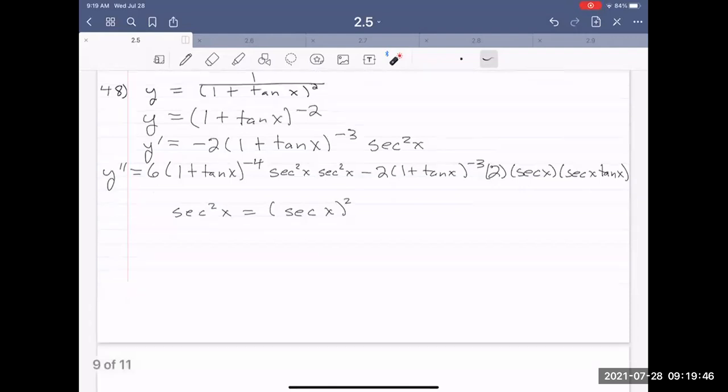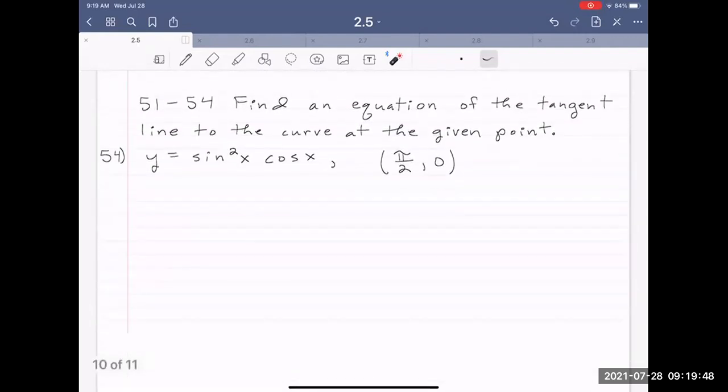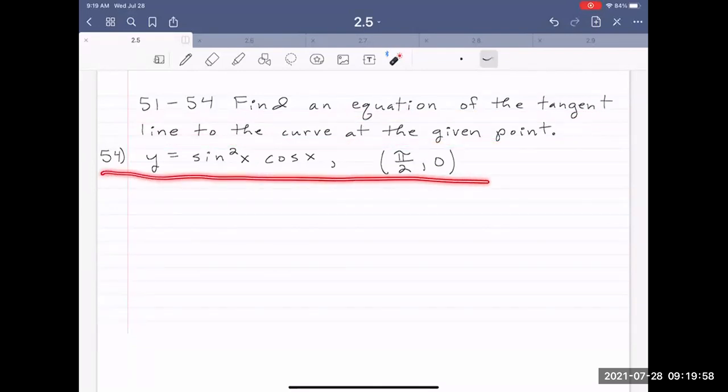Let me do problems 51 through 54. Find an equation of the tangent line to the curve at the given point. Problem 54. y equals sine squared x cosine x at the point pi over 2, 0.